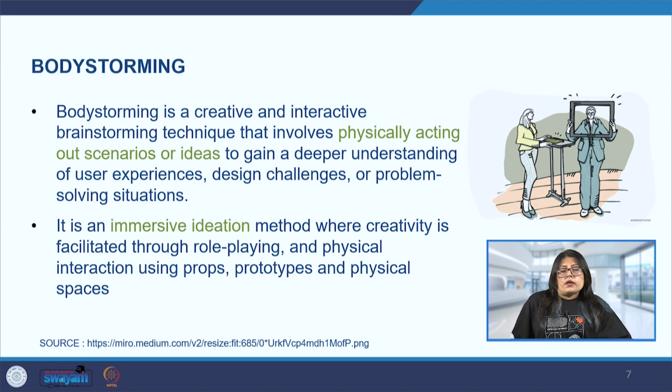Bodystorming is another technique, and I had very briefly discussed it in one of the previous lectures. Today we will see a little bit more in detail and discuss it with an example. This is a creative and interactive brainstorming technique that involves physically acting out scenarios or ideas to gain a deeper understanding of user experiences, design challenges or problem solving situations.